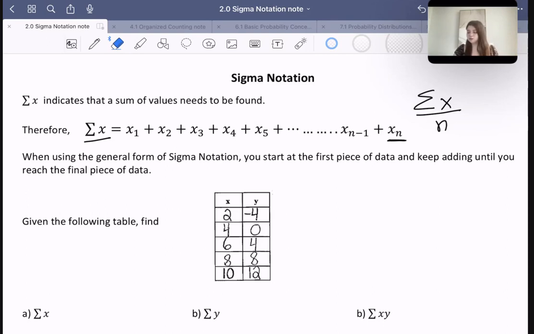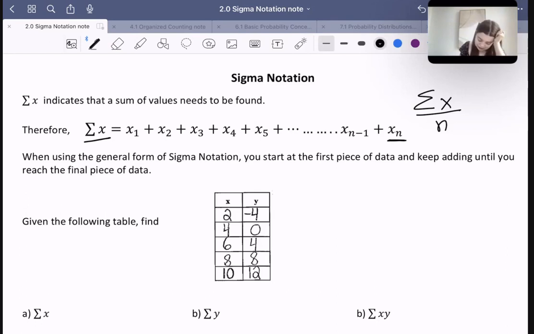So that's one reason why that might be a useful shorthand to have rather than just putting every single value in, especially if in some cases there's hundreds of values, or even anywhere from like 10 plus values. I think it's a lot easier to just use the sigma notation to express that.